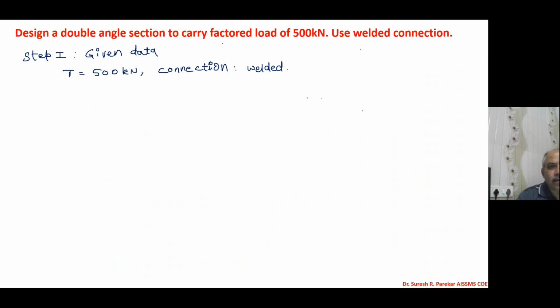Now in this step 2, we have to go for welded connection. Now try to understand this.